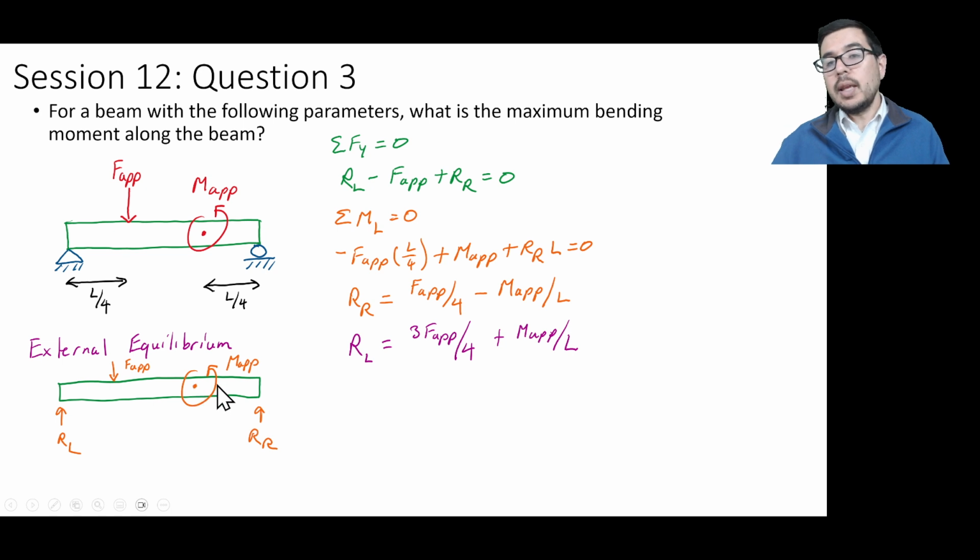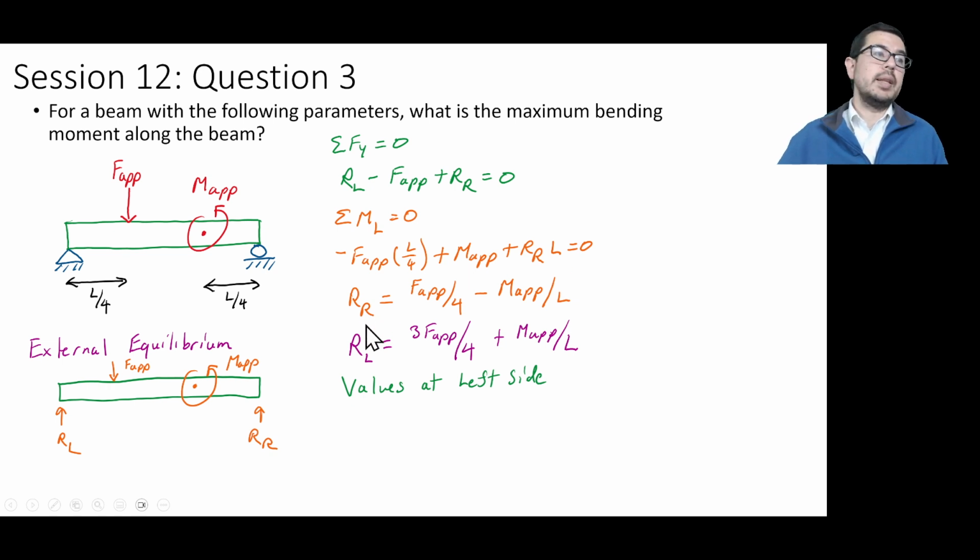That can be possible when you have this coupled moment coming out of the board, causing the beam to rise a little bit. So there has to be a downward reaction force here when MAP over L is greater than FAP over 4, which makes RR less than 0.